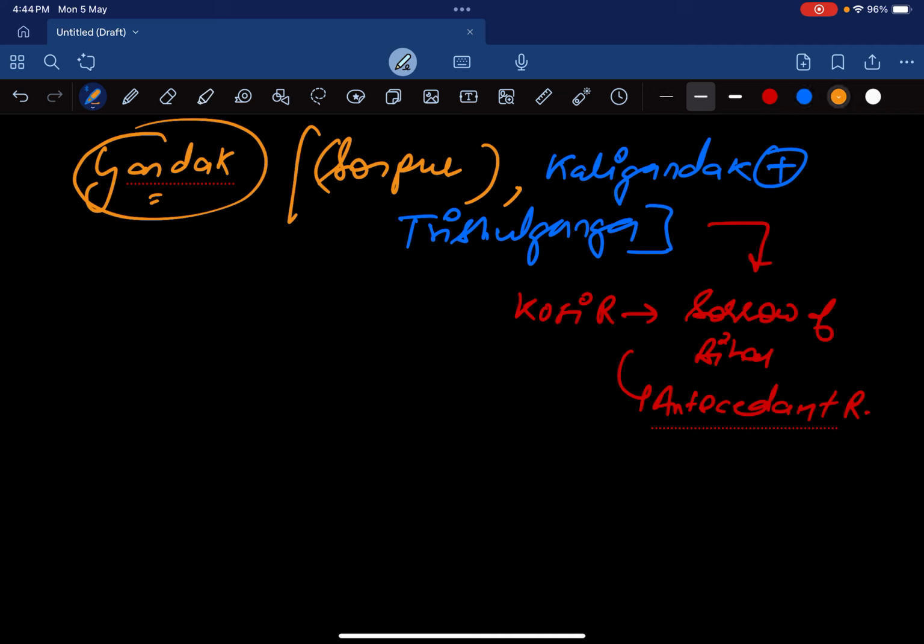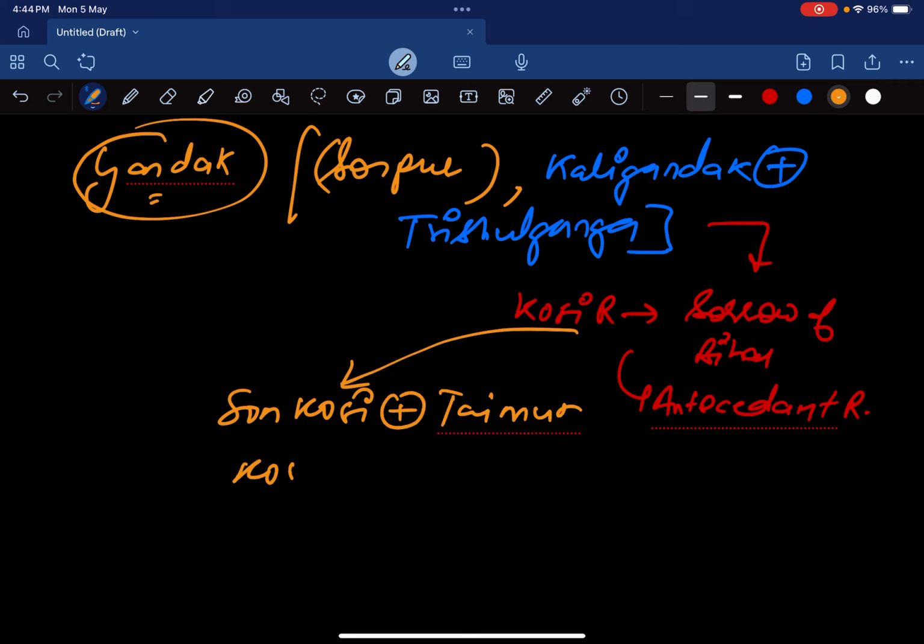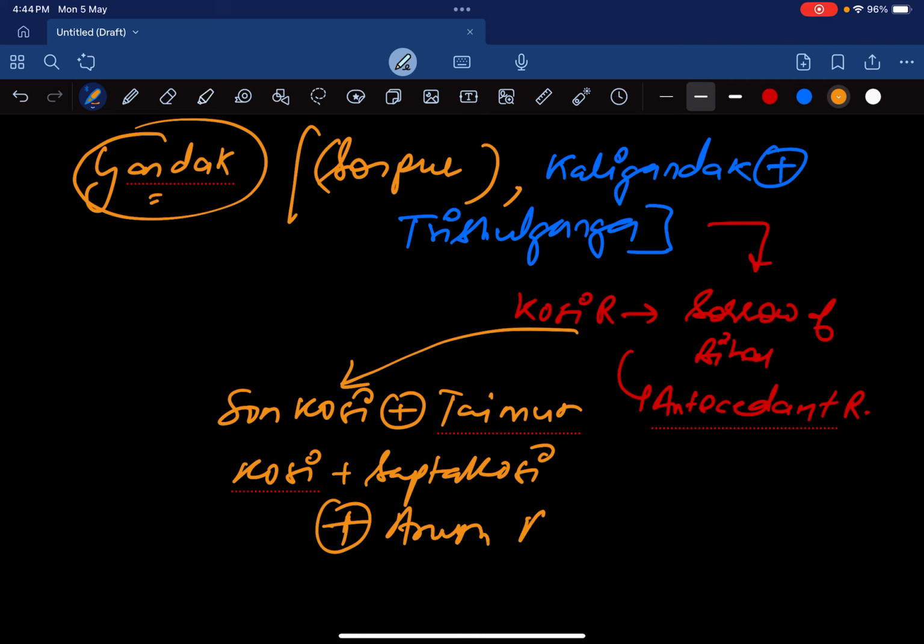Now this Kosi river, you can say, is formed by the merger of Sun Kosi, Taimur Kosi, Sapt Kosi, and Arun river, right?